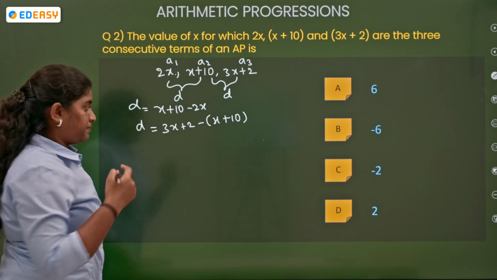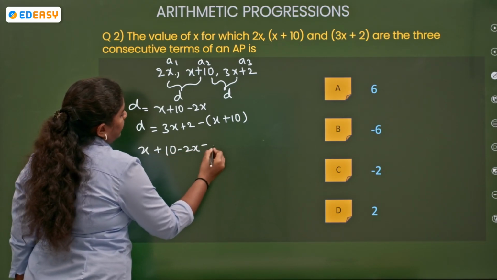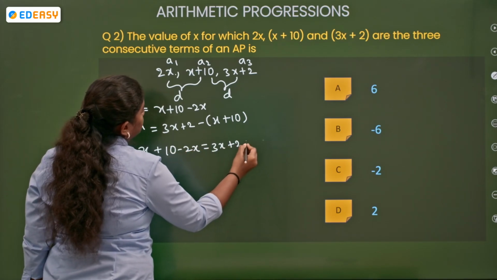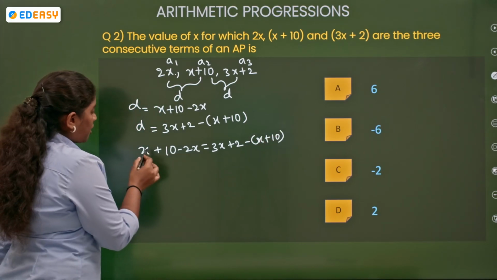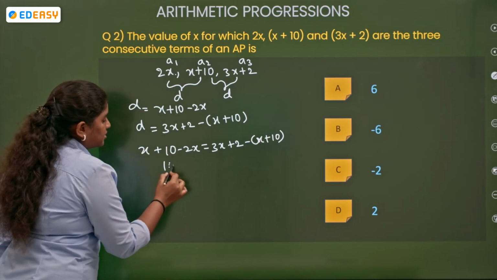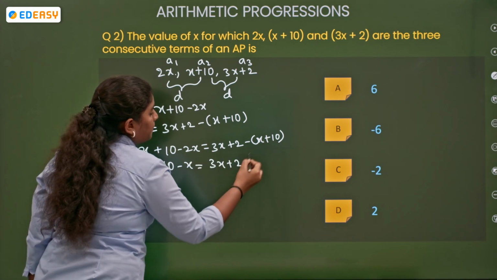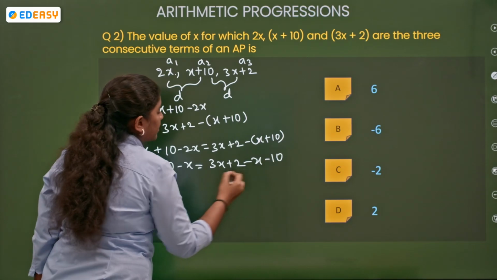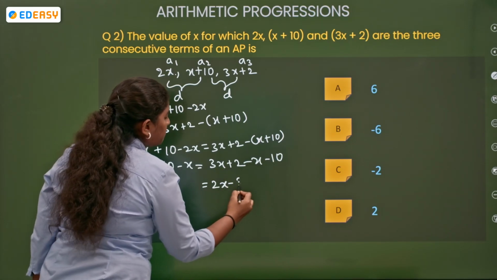Now simplify them. So we can take x plus 10 minus 2x is equal to 3x plus 2 minus of x plus 10. Clear? Now, x minus 2x will become 10 minus x. Now 3x plus 2 minus x minus 10: 3x minus x is 2x, and 2 minus 10 is minus 8.